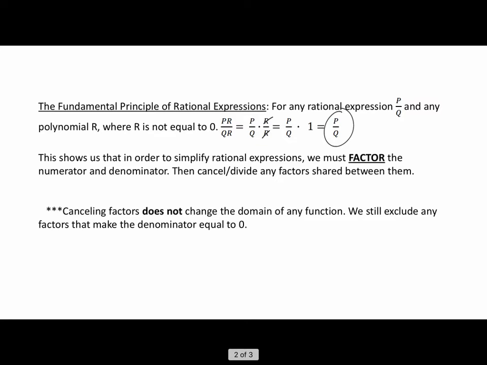So we can simplify that way. It shows us in order to simplify rational expressions, we must factor the numerator and denominator and then cancel, or in other words, divide any factors that are shared between them.